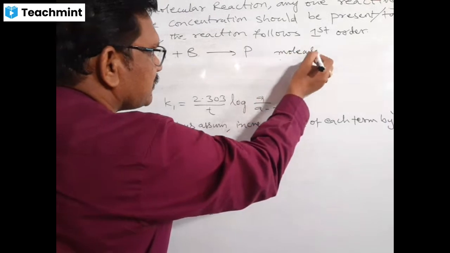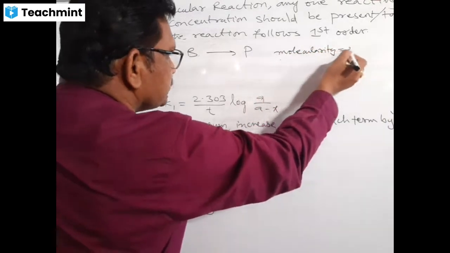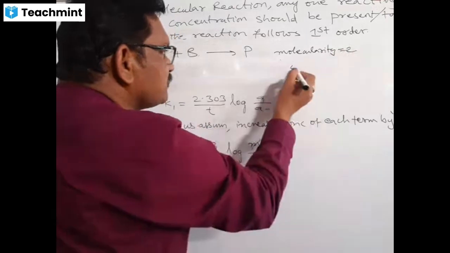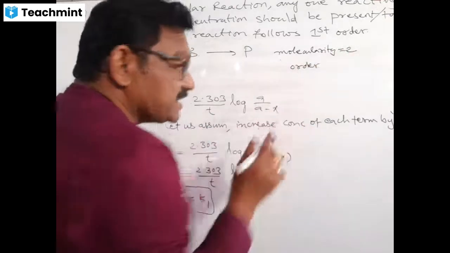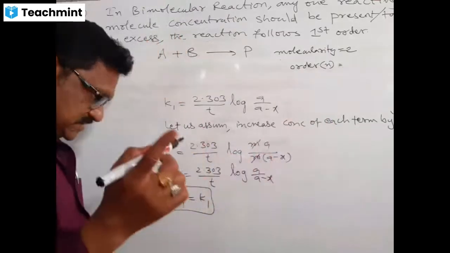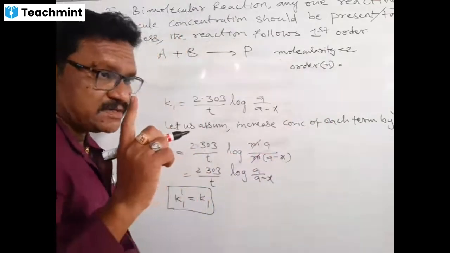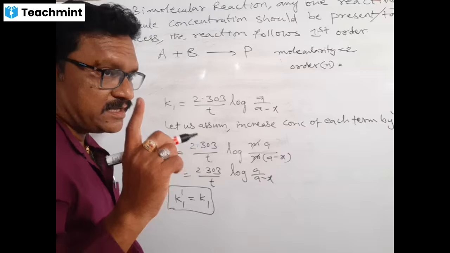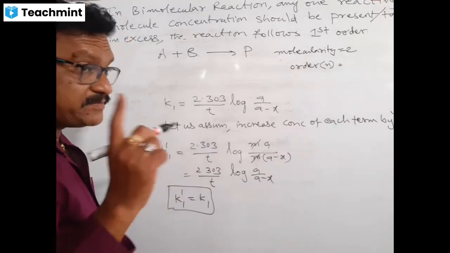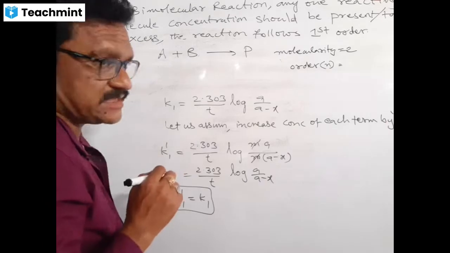Molecularity is 2 because 2 molecules are involved. But what about order? Order we cannot justify because order is an experimental phenomenon. I already told you under the concept of molecularity and order at the beginning of the kinetics class.